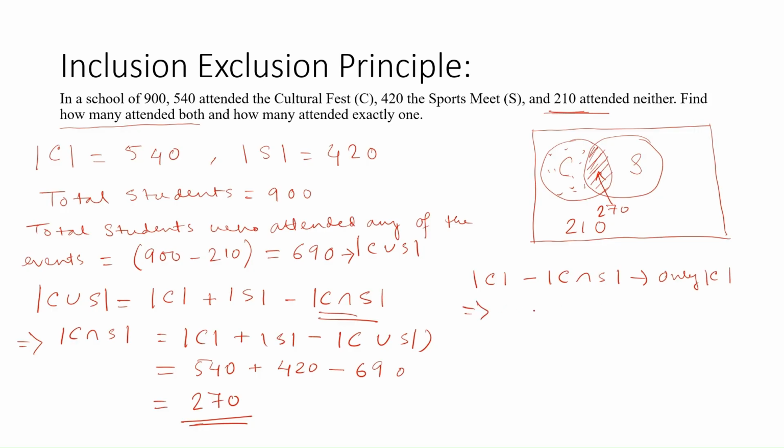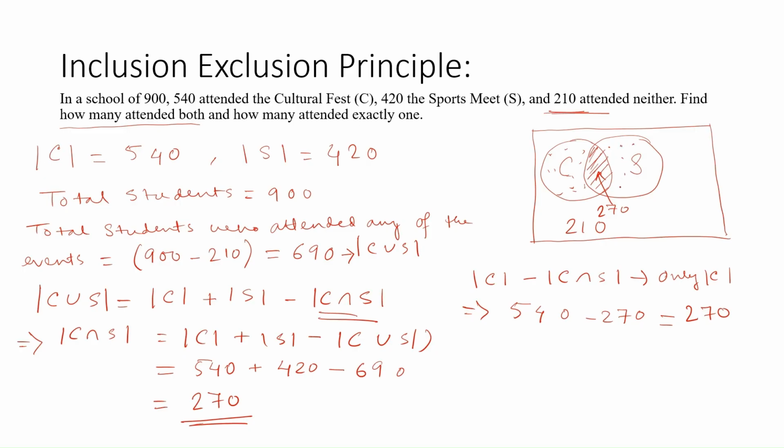So total number of students who attended cultural fest is 540 minus 270, that is equal to 270. So total 270 students attended only the cultural fest.